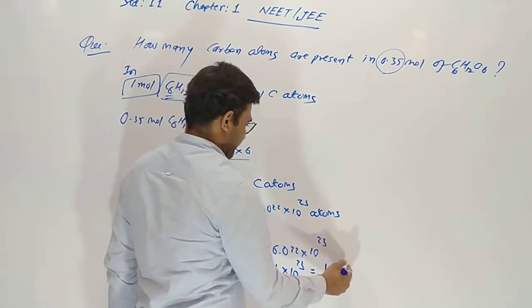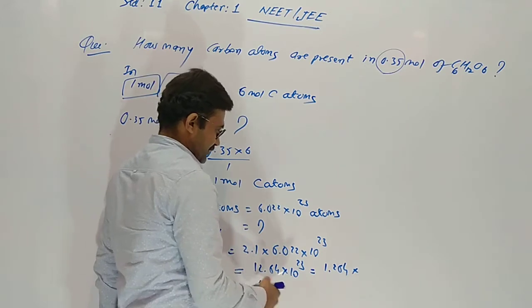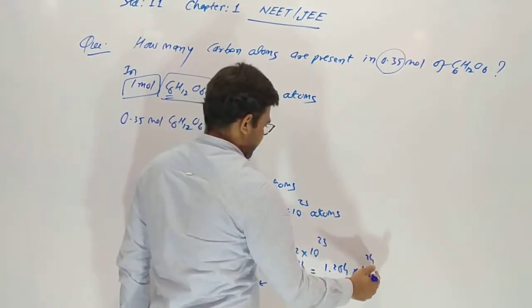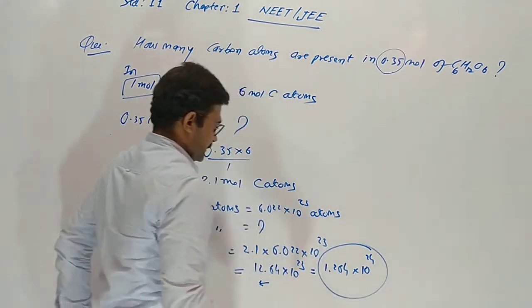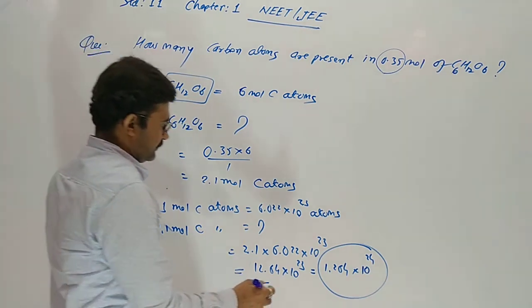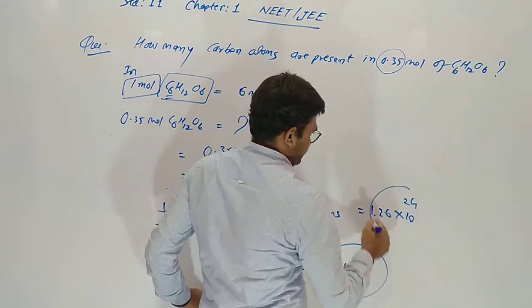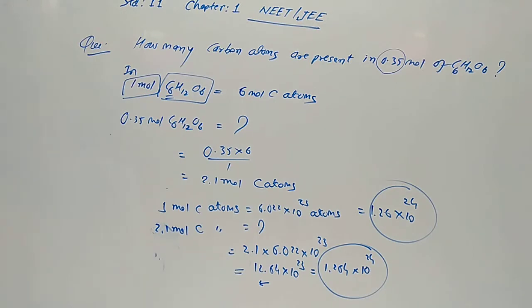After one digit the decimal point moves to the left side, so the power increases. So 1.264 10 raised to 24 atoms are there. Here 4 is less than 5, so rounded off value is 1.26 10 raised to 24.